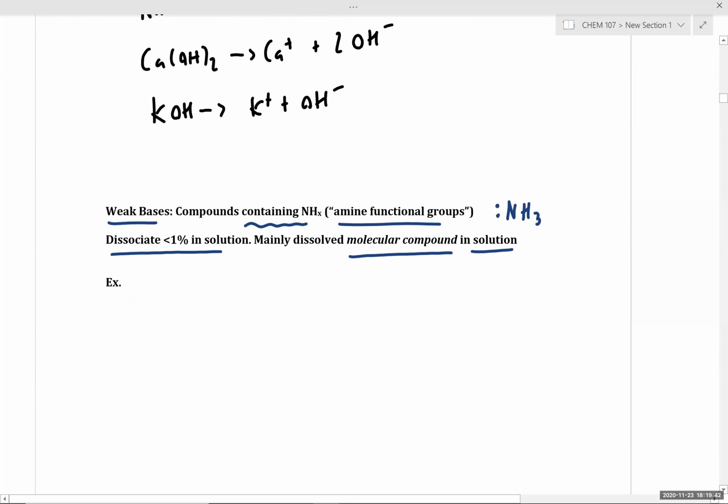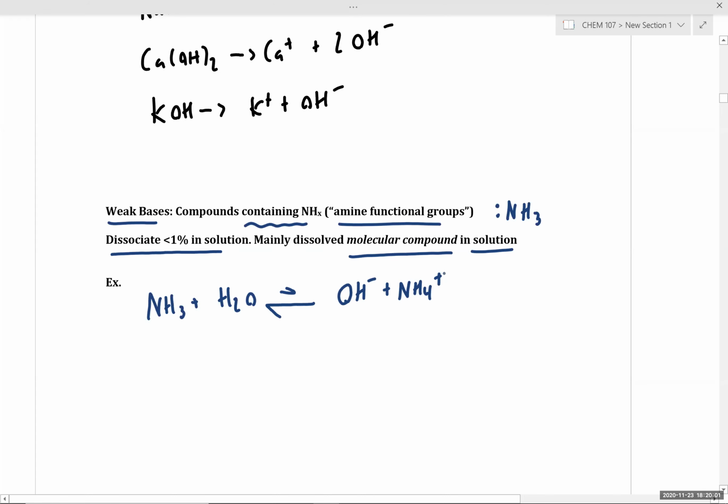So for example, if we think about ammonia reacting with water, we only get a really small amount of forward reaction to make hydroxide and ammonium.